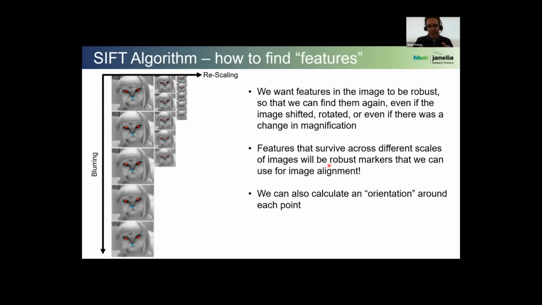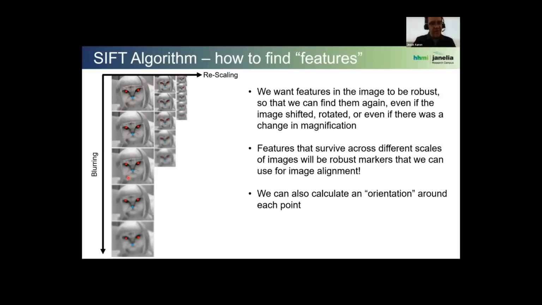The way it works, without getting too deep into it, is that we take an image, for example, and we do a couple of different things to it. One thing we do is progressively blur that image. And then we can also progressively rescale that image, so we can make it smaller and smaller.